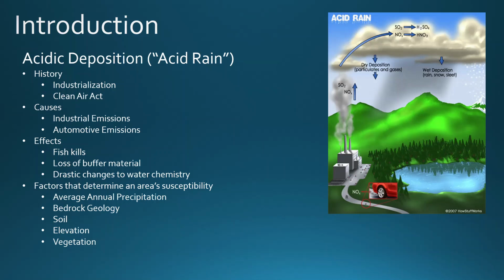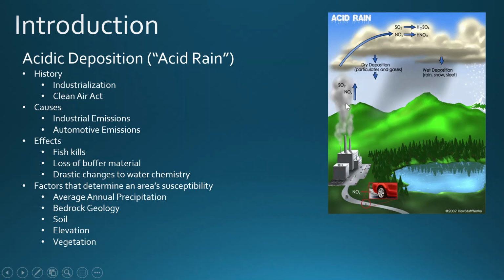To set the baseline for this, acidic deposition or acid rain has been around for a long time. It started with industrialization in the mid-19th century, when factories really started popping up and our economy moved from a more agricultural base to a more production and industrial based economy.